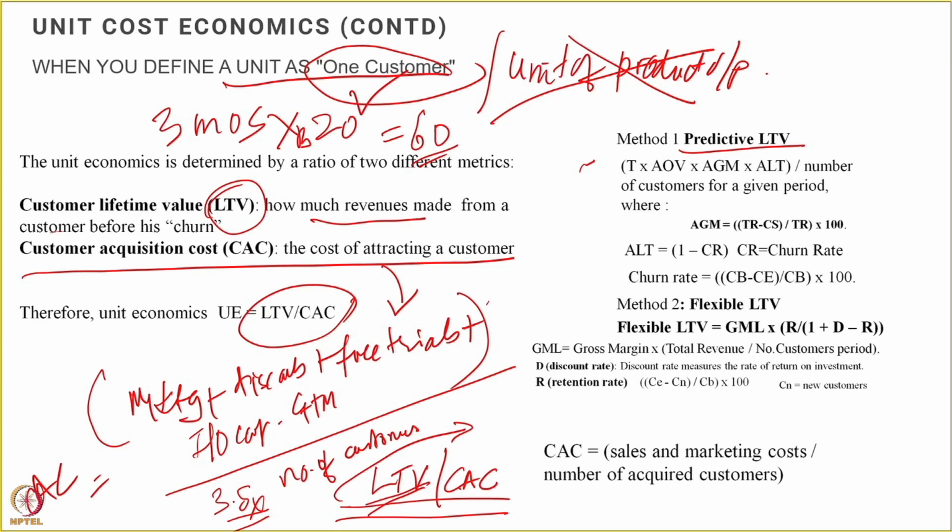For example, if you're a software as a service providing CRM services, and every transaction that they execute through you is handled with a transaction value price to them, then you can predict the lifetime value by taking a product of the number of transactions processed through you, the average order value of a transaction, the average gross margin for this transaction, and the average lifetime of the customer giving you these transactions.